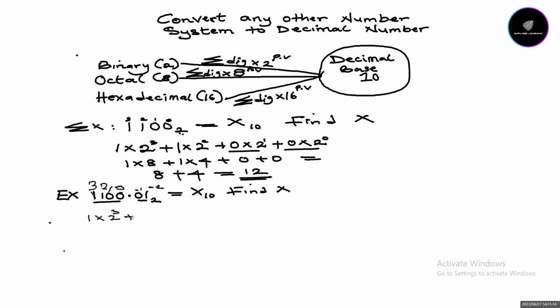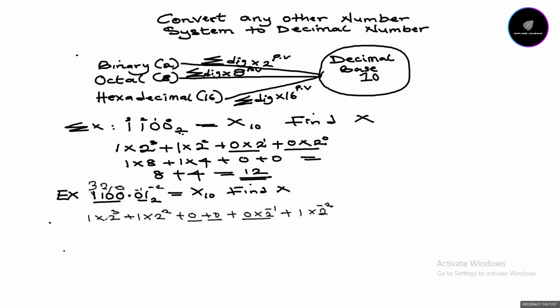And we'll say plus 1 multiplied by 2 raised to the power of the place value, which is 2, plus 0. Everything is going to give us 0 at this point. Plus 0 times 2 raised to the power of minus 1, which is also going to give us 0, plus 1 multiplied by 2 raised to the power minus 2. All of the zero terms are going to give us 0.